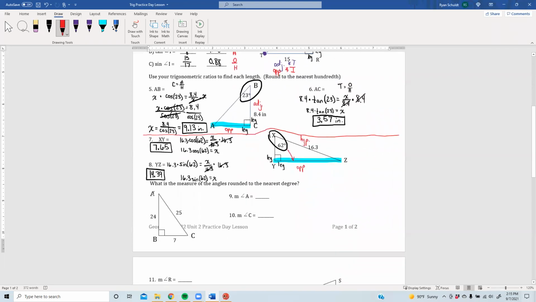So that's to find the length. So now on these, so again, we're finding each length, or we found each length. Now they want us to find the angles. So when they have us do normal lengths, this is just a normal ratio. Remember, angles mean we need to do the inverses.